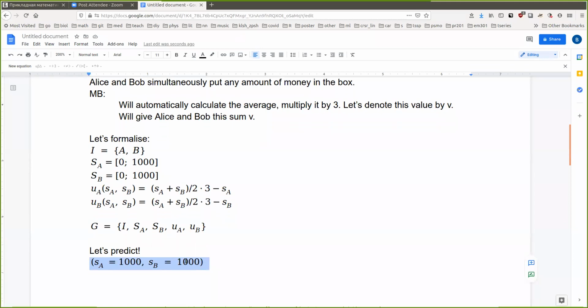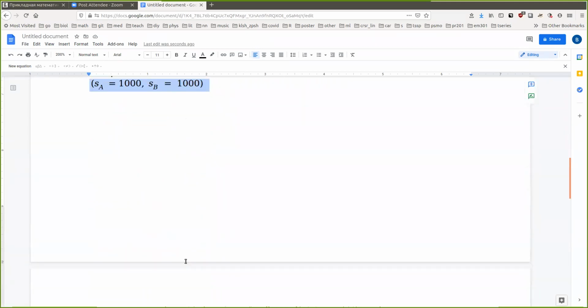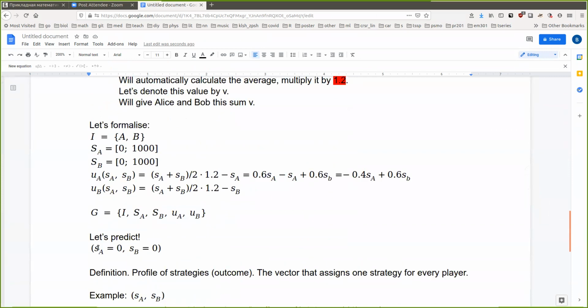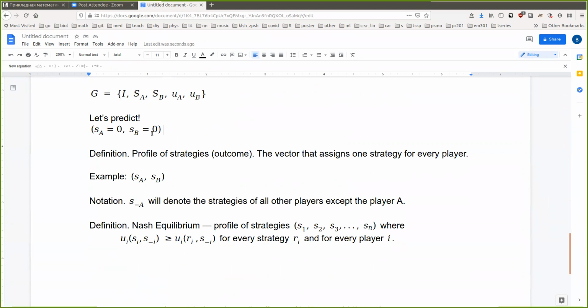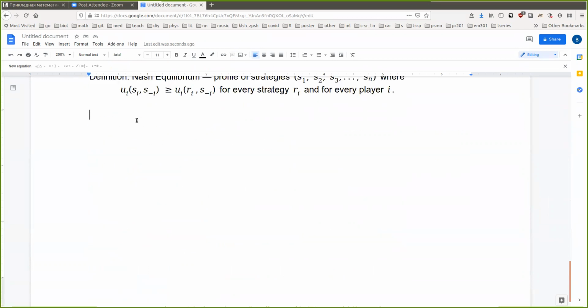So let's check that this is just a Nash equilibrium. Yeah, so we know that, example continues, S1 is Nash equilibrium in Magic Box 2.